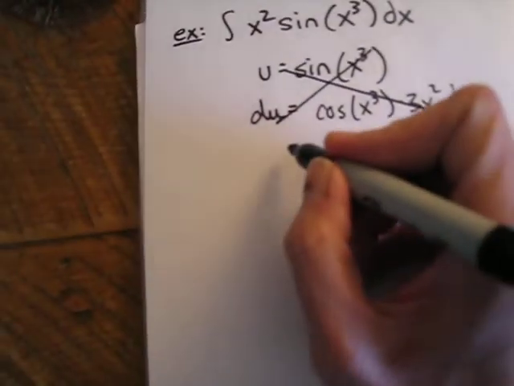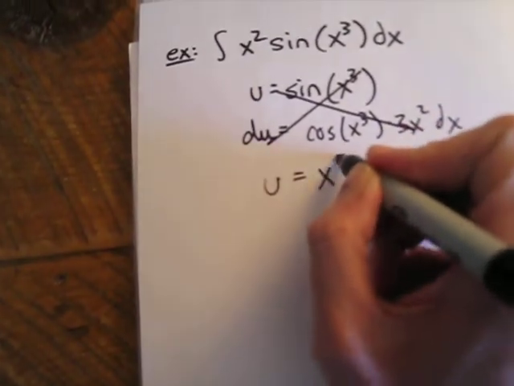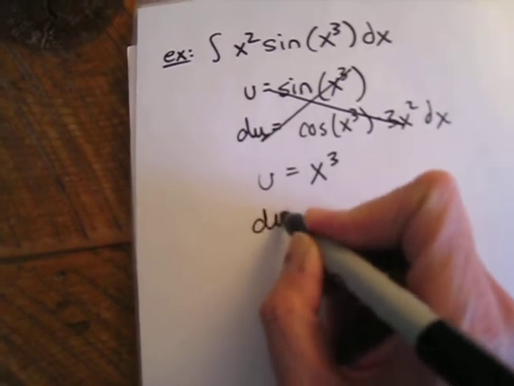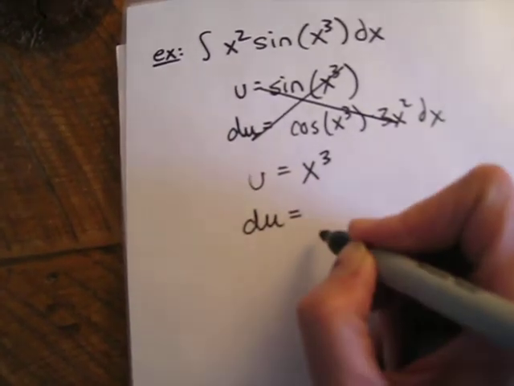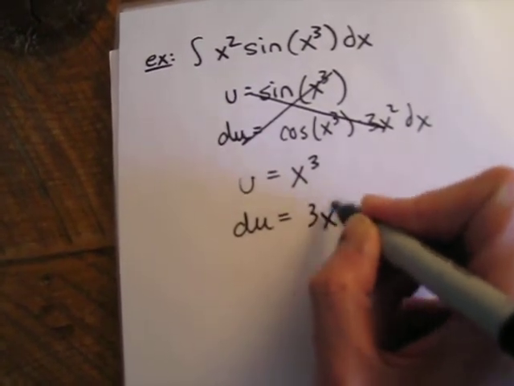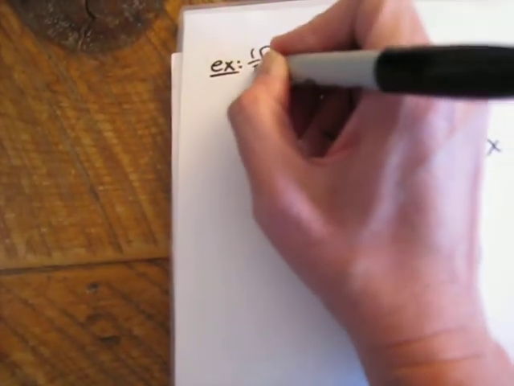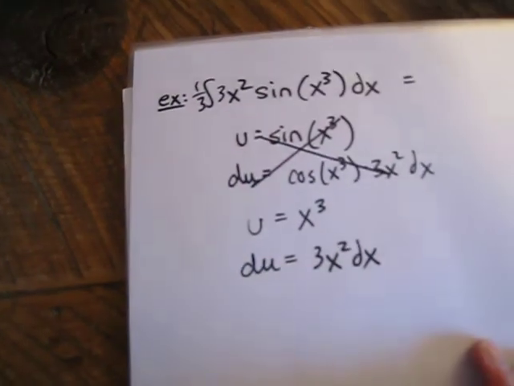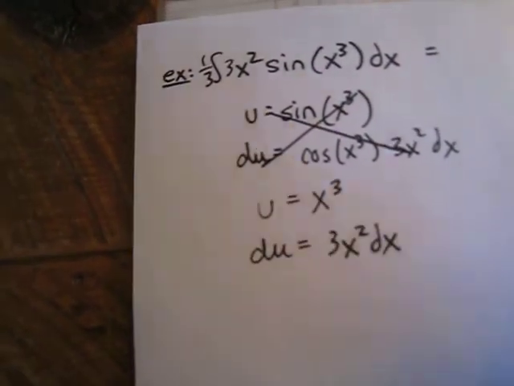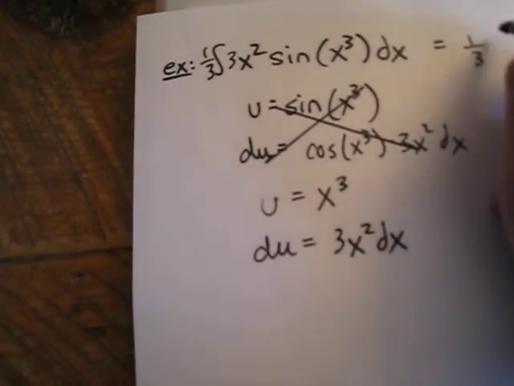Again, you choose your u so that the du is something you can create out of the leftovers. If u is x cubed, du is 3x squared dx. You insert a 3 and a 1/3. If you're thinking, but I haven't taken care of the sine, that's not a problem because we can integrate sine.